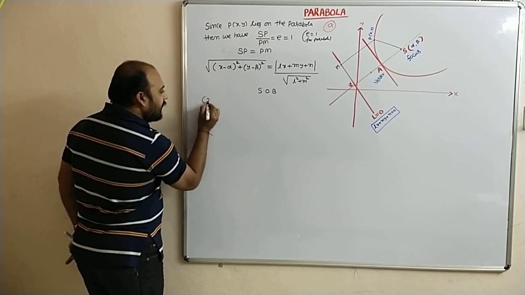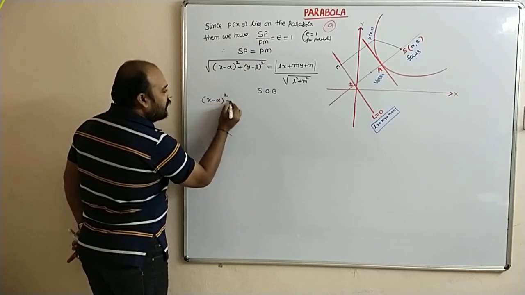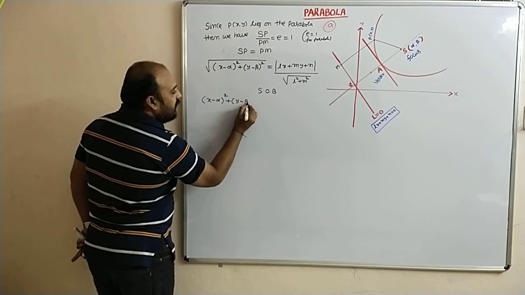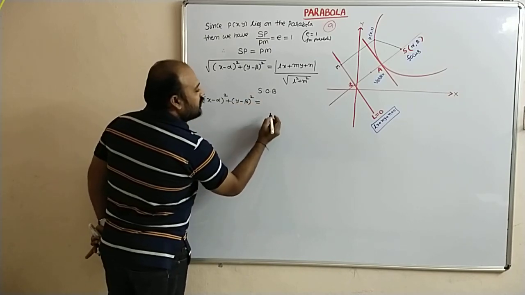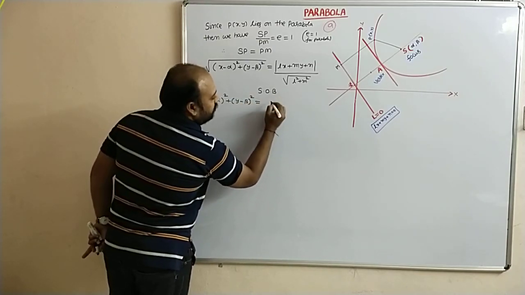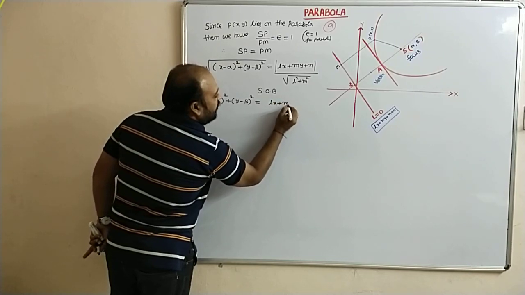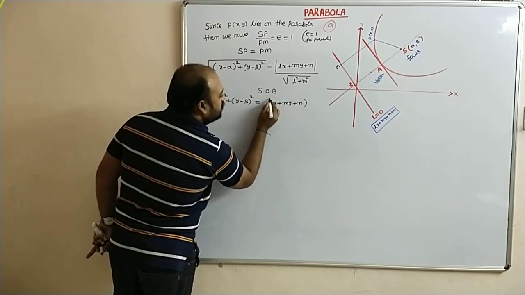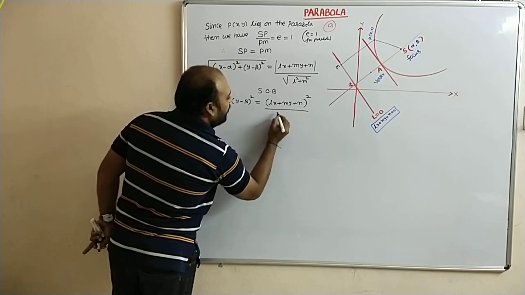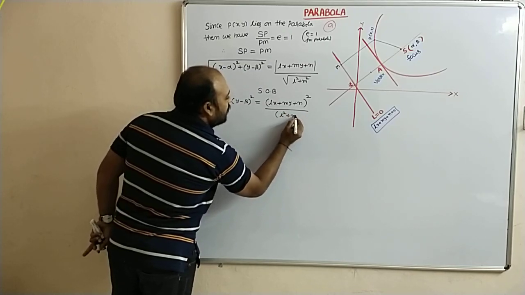So it becomes x minus alpha whole square plus y minus beta whole square is equal to Lx plus My plus n whole square divided by L square plus m square.